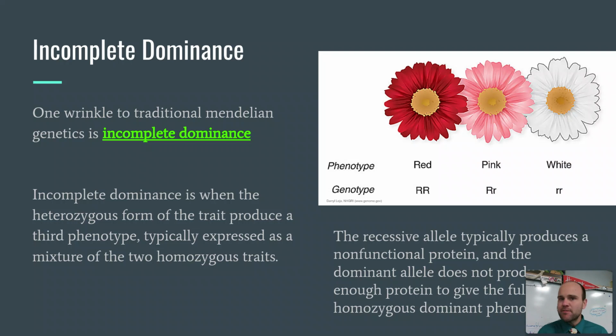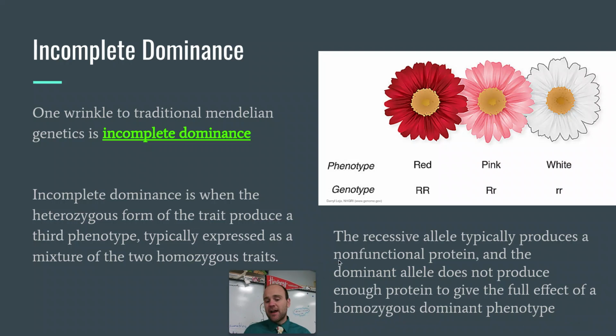If you have half the amount of enzyme, maybe some of the pigment gets converted, but not enough. And so because it's only going to convert half the amount of pigment, those petals are going to appear pink instead of a bright red, because there just isn't enough pigment made to really bring that bright red color. Incomplete dominance is usually when there's a non-functional protein for recessive.